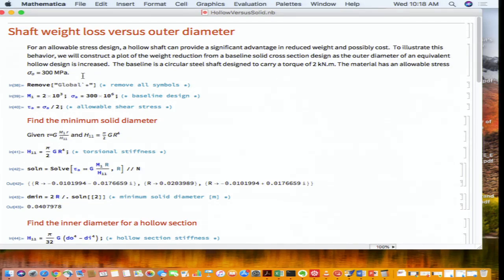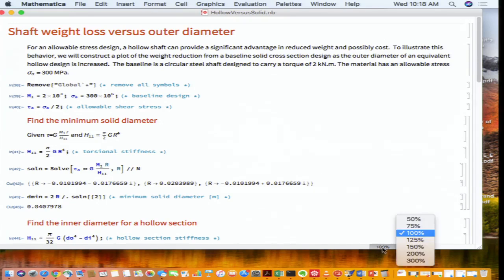So you just replace sigma 1 with the maximum allowable stress and you get it. So we use that here to get the allowable shear stress, and then the moment is given. It's 2 kilonewton meter, and sigma A is 300, which is already given.